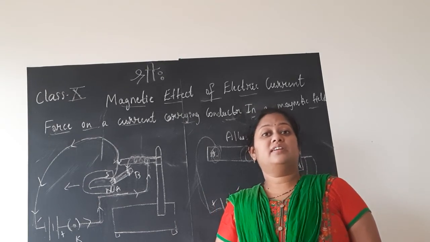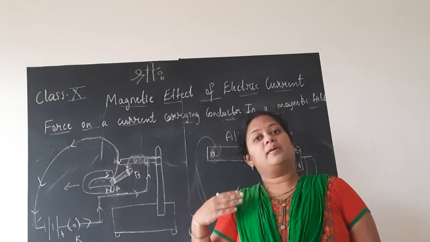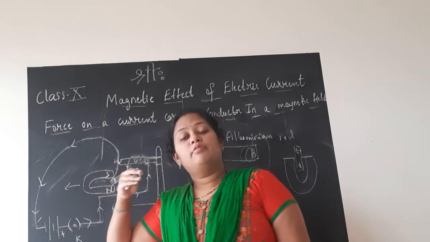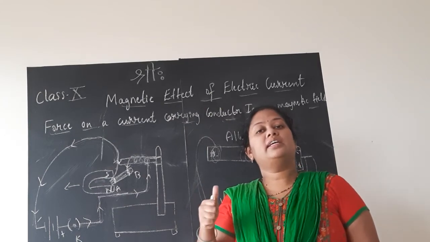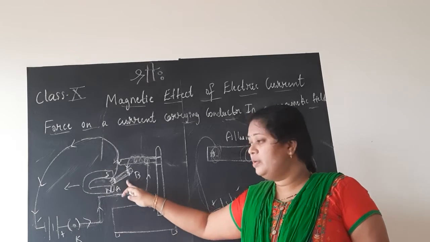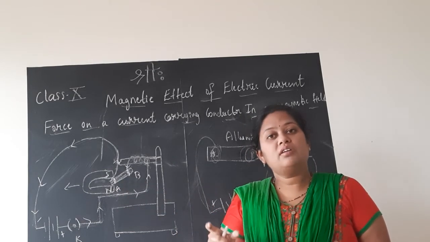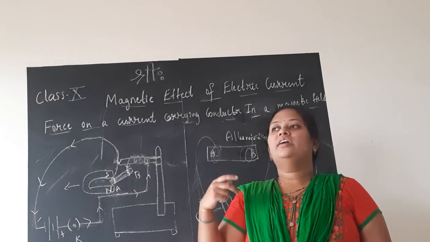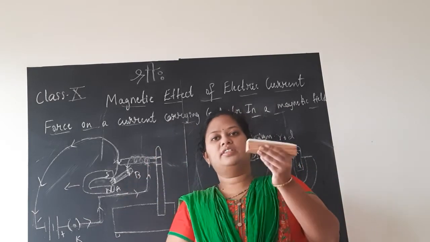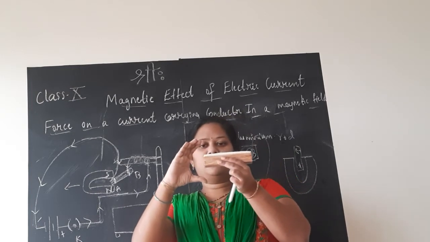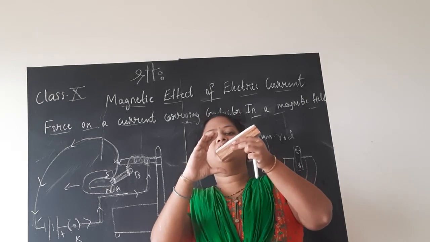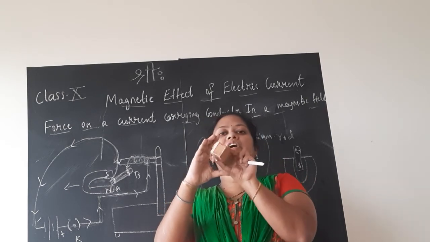When that is the case, children, the magnetic field will apply some force on the conductor, that is the aluminium rod AB, and you can see that this aluminium rod placed between the horseshoe magnet will deflect or get displaced; it will move. When current is passed through this, maybe it will deflect towards the left side, like this.